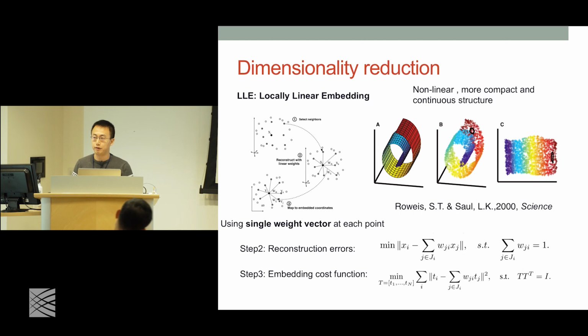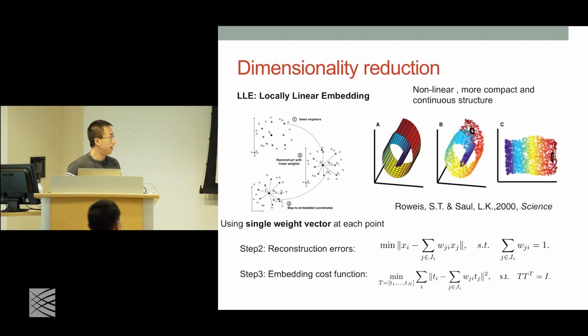We have tried many different dimension reduction methods like PCA, t-SNE, UMAP, or MDS, but we actually find LLE works better in terms of preserving a more compact, continuous, or smoother structure. This is due to the mechanism of how LLE works.